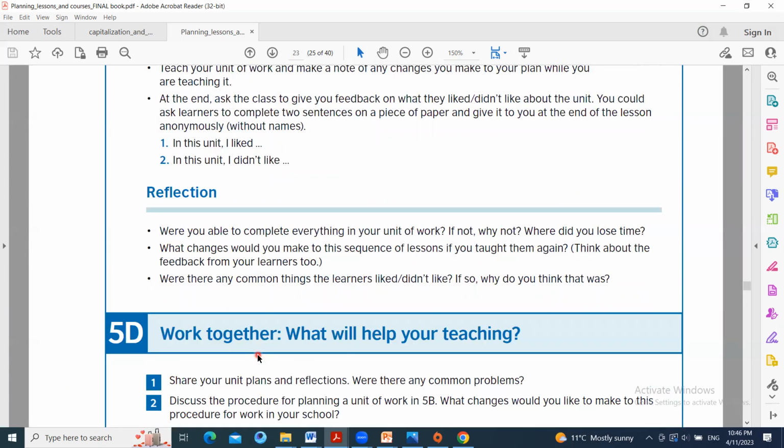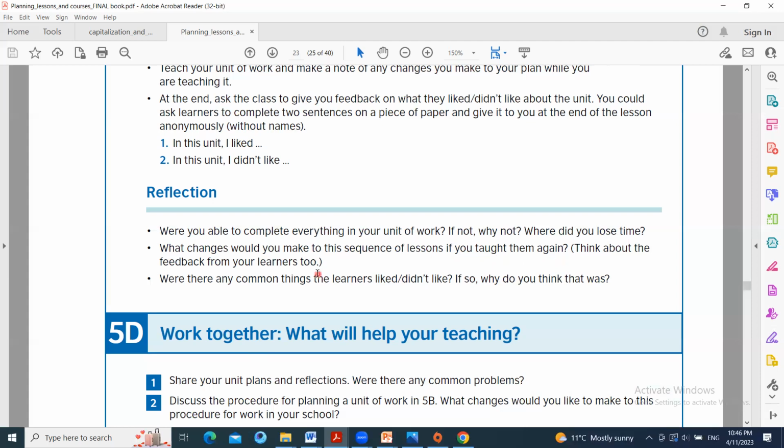In reflection, you can think of these questions. Were you able to complete everything in your unit of work? If not, why not? Where did you lose time? Which part? What change would you make to this sequence of lessons if you taught them again?